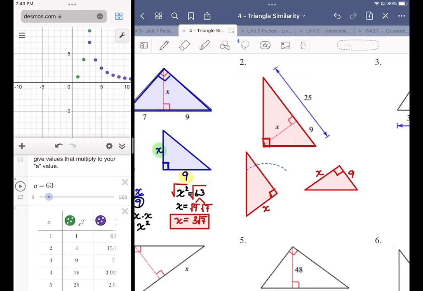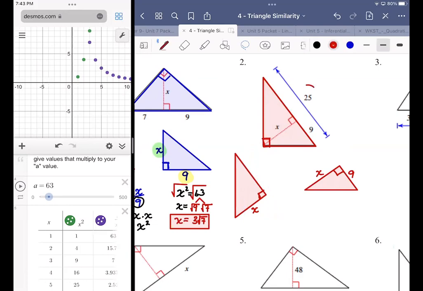Now, it seemed like I didn't know enough about this triangle because they didn't tell us this side here. Because again, that's what we're looking at. But if the whole side here is 25 and the distance from here to here is 9, you think about it, it's like, all right, I got to travel 25 feet.